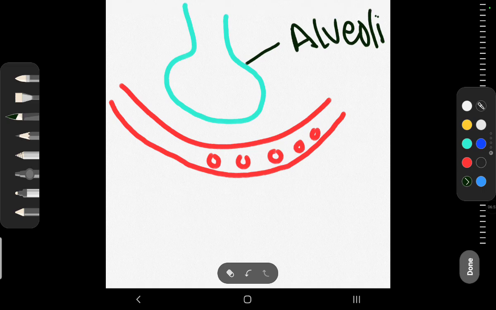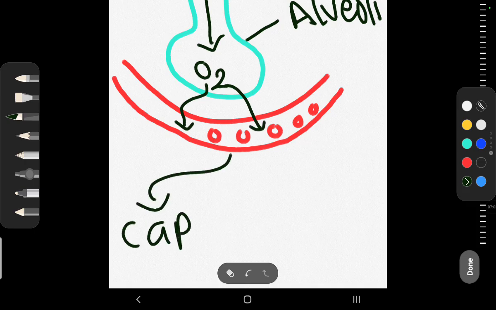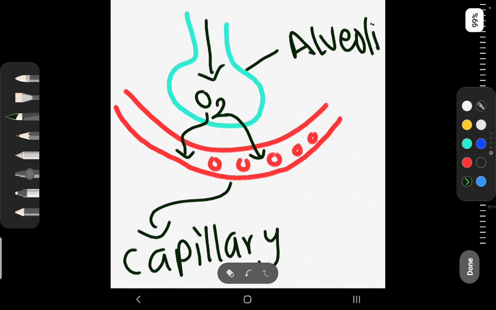Now as you can see, if I have a larger surface of the alveoli, more oxygen will diffuse into the capillary tubes.